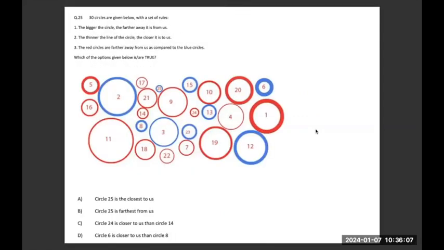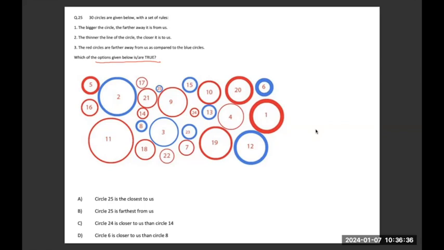We have done this earlier, but a student had asked me how to do this, so I have just kept it here. Those who know, please solve it. We'll do it together also, that is okay. In this kind of diagram, you're given 30 circles. This is an MSQ, one or more answers are correct.